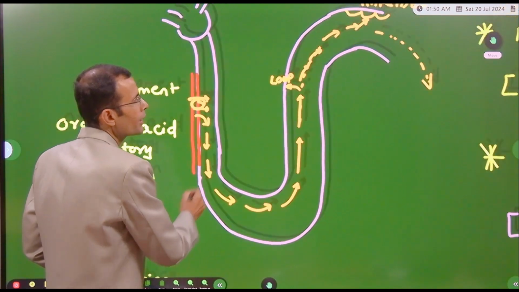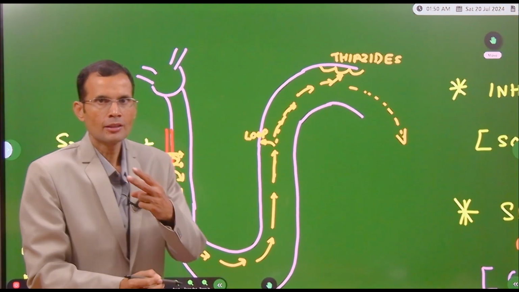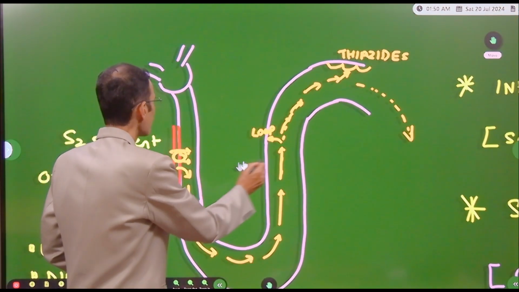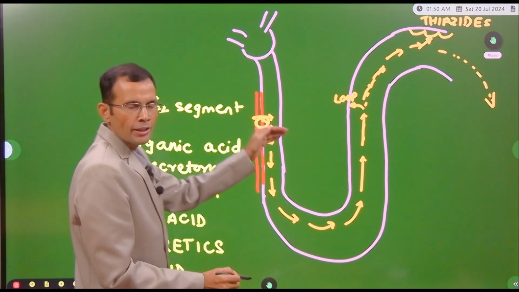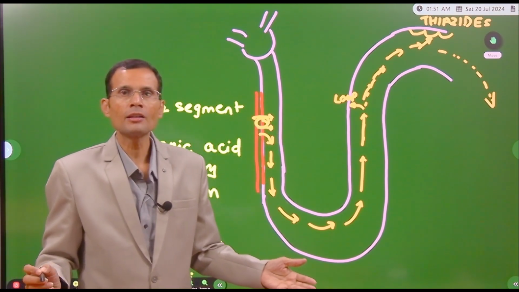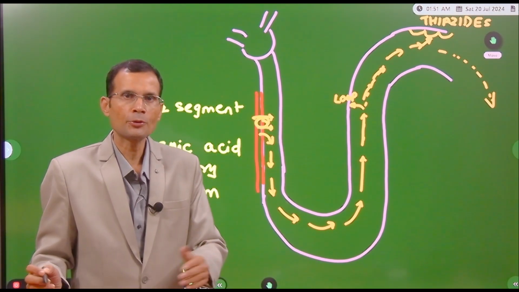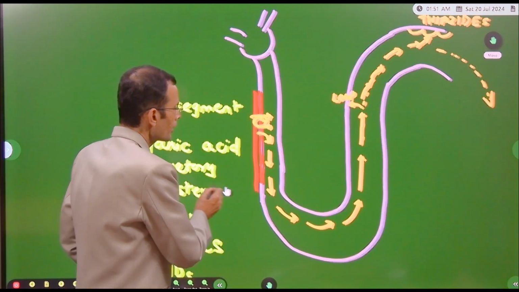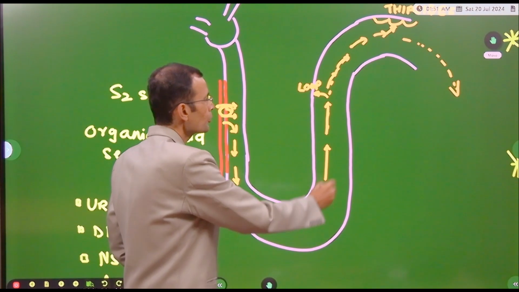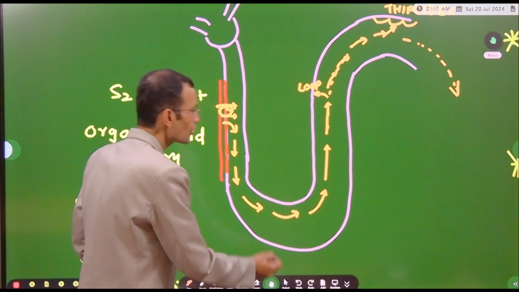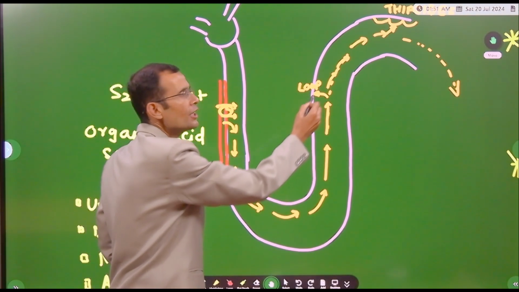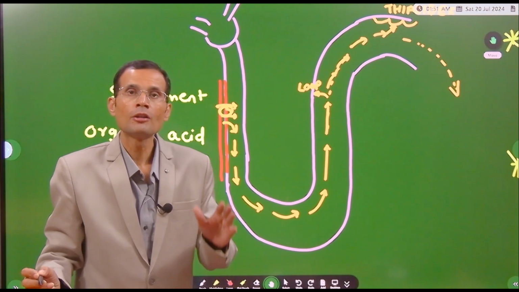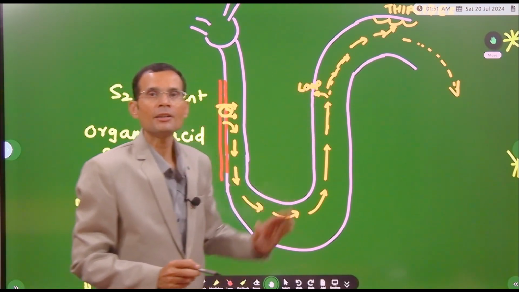So what you should understand, 2 points in this context. One, that the loop diuretic, as well as this thiazide diuretic, are secreted into the lumen. They flow in the tubular fluid, and they reach the site of action from the luminal side.